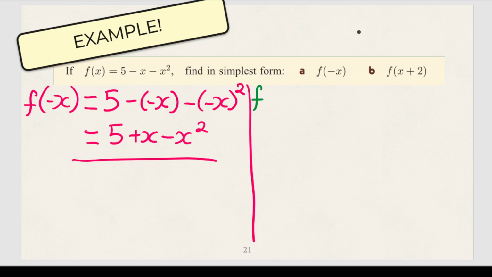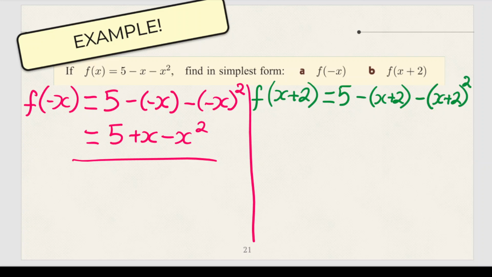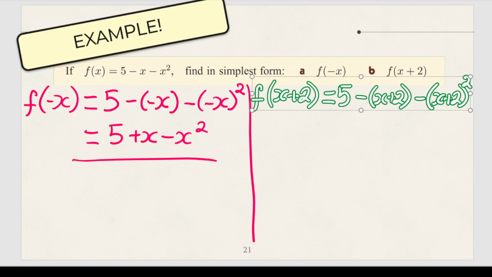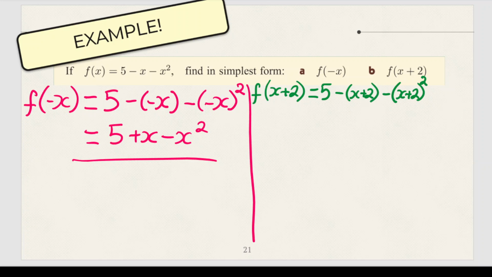So we're going to say f of x plus 2 is equal to 5, take away x plus 2, take away x plus 2 squared. Now, straight away, we've got ourselves into a bit of expansion that's going to need to happen.